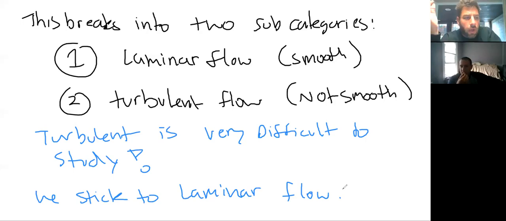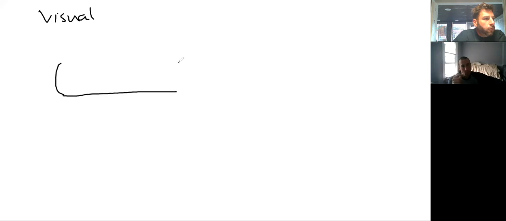And so if we're going to talk about something moving, we want to have a visual. So just like we did last class, we have to pick a simple visual that can extend to more general settings. So here's our visual. Imagine we have some cylindrical pipe or hose.